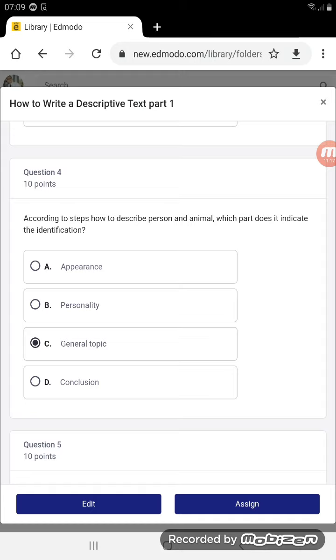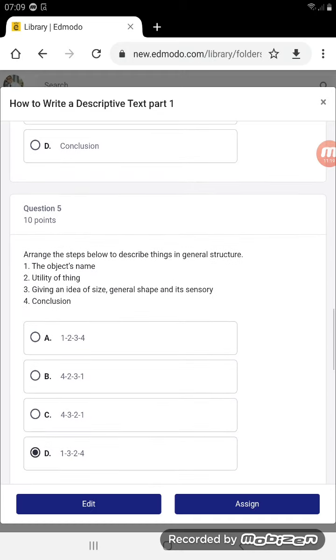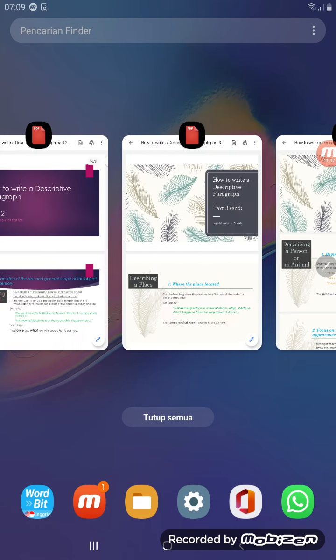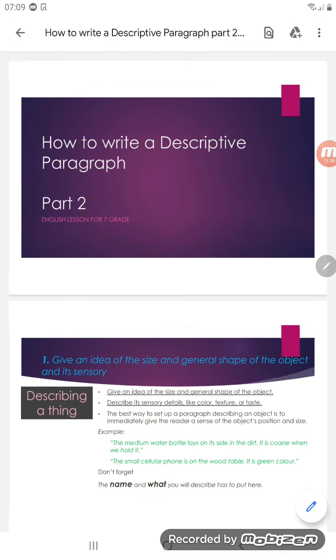And number 5. Okay, arrange the steps below to describe things in general structure. Remember that? Describe things. It means that the slide part 2, right? Here it is.